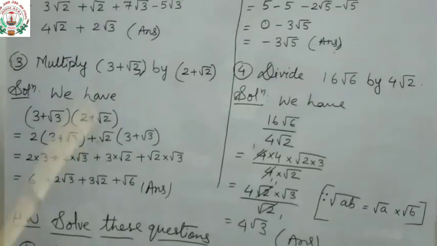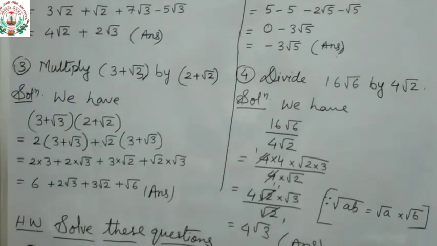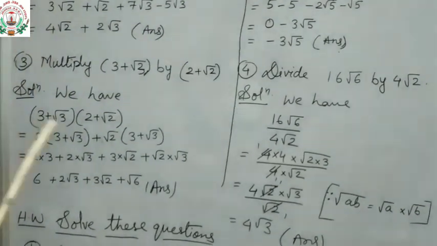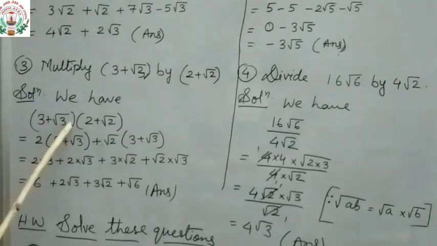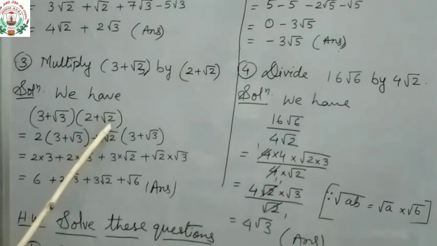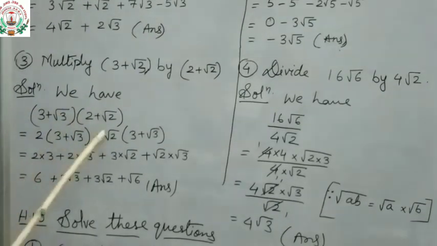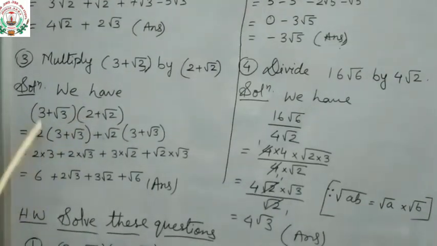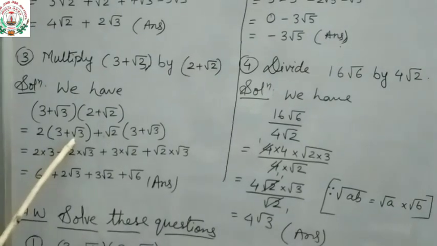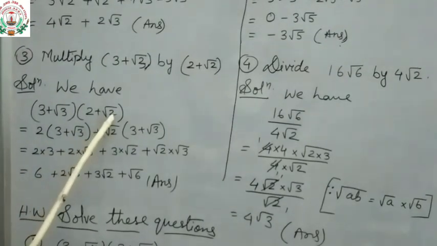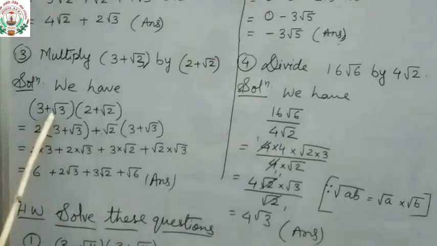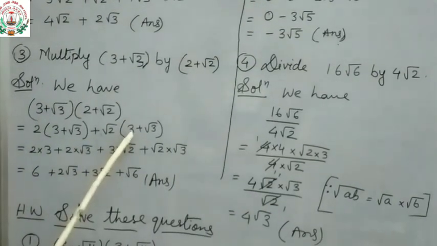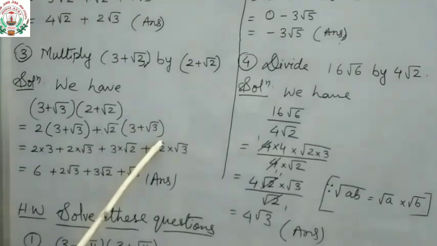Multiplication, you know, in class 8 we have seen those identities. So using that, now multiply the first value with the whole, and then the second value with the whole. That means first 2 into 3 plus root 3, plus the second value root 2 with the whole real number, that is 3 plus root 3.